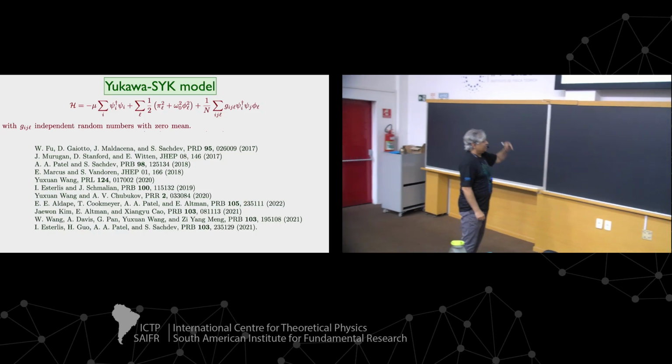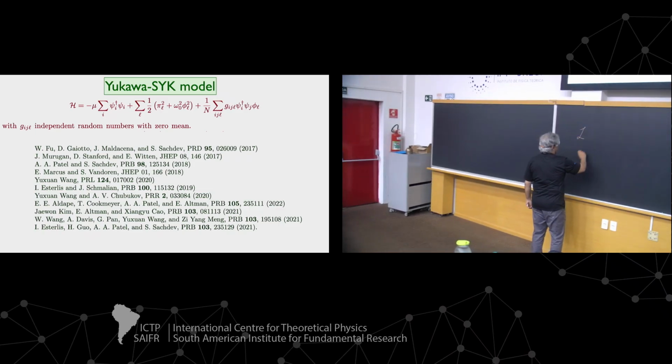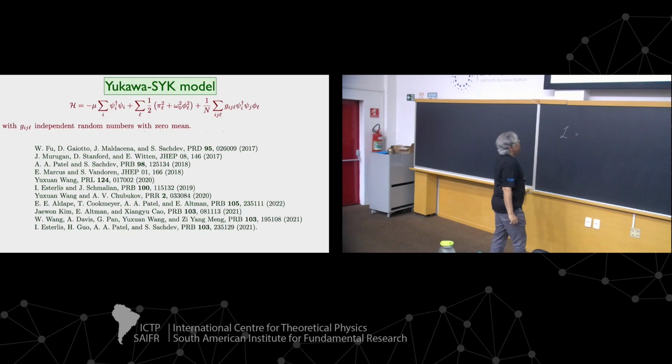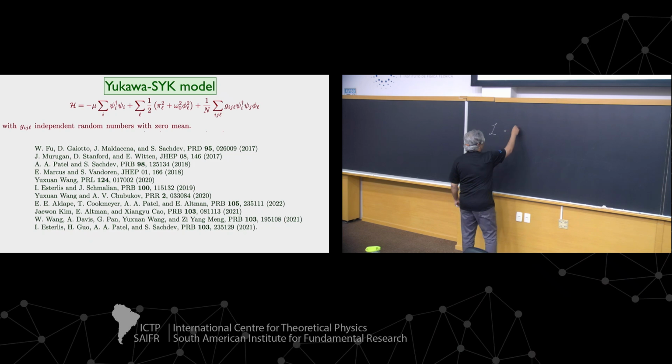All right, so we're going to look at a model, and I'll write it as a field theory rather than a Hamiltonian. The first term is just fermions in a flat band. That's bad. So let's not put them in a flat band. We're going to have some dispersion for the fermions, Ek.